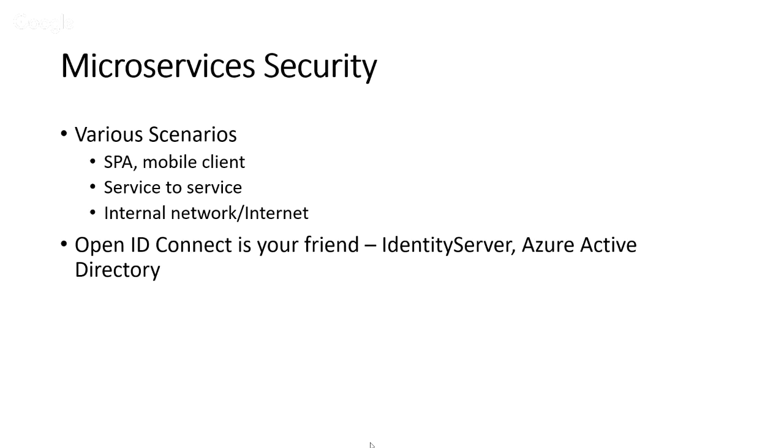It's based on OAuth 2, but it extends it for other scenarios. It covers machine-to-machine, like service-to-service communication, but it also handles the single-page application or MVC, a server-side web application. All these scenarios, which have very different security requirements, are covered by OpenID Connect.